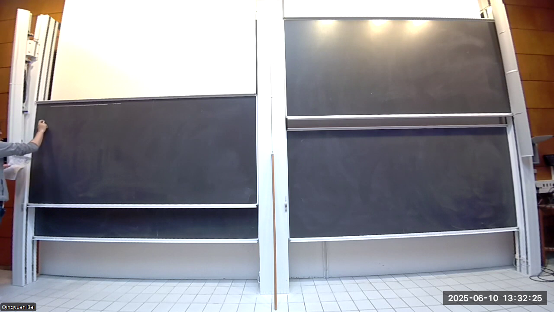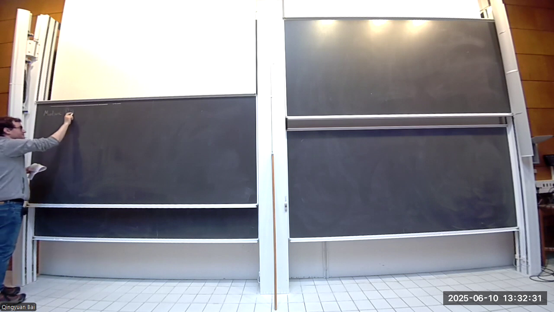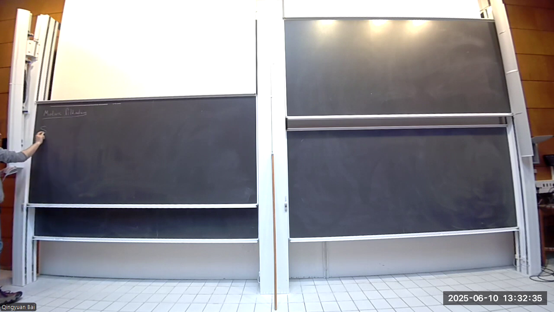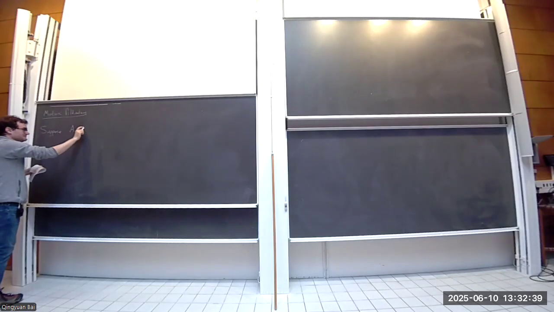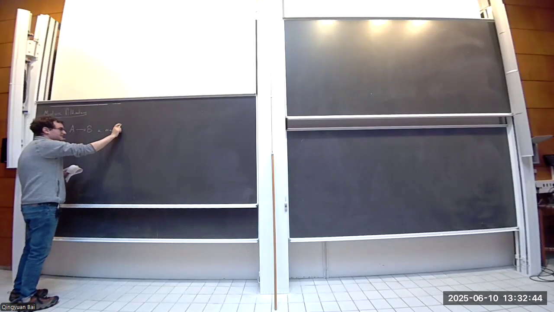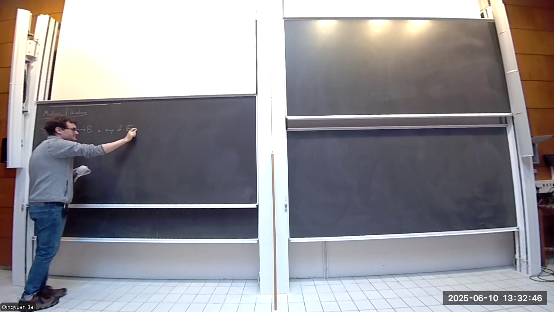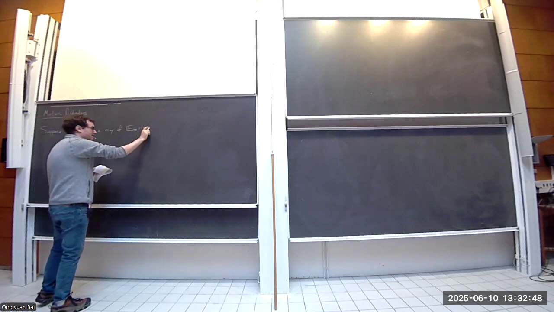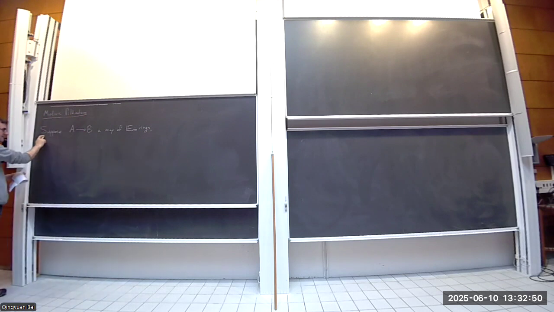Well, let's see. So I guess I'll talk a little bit about motivic situations. So whenever you have a map of E-infinity rings, say, there's an associated Adams spectral sequence.